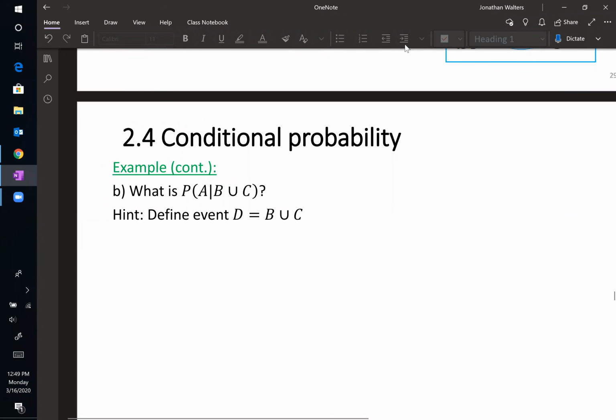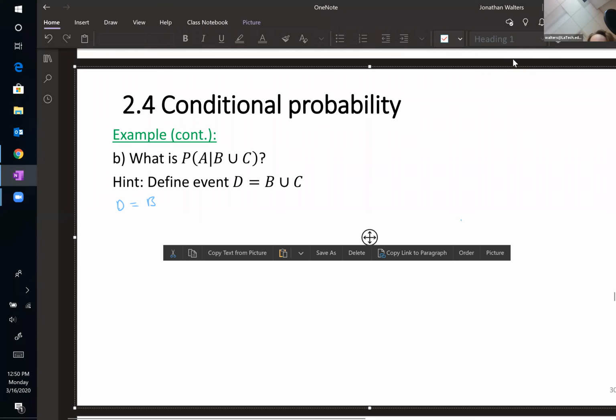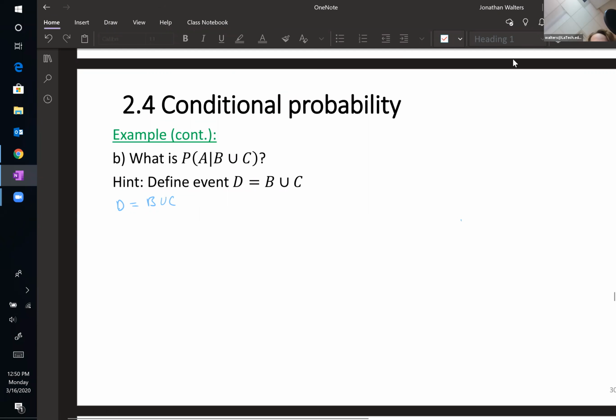The hint says define an event D, which is going to be B union C. So let's look at this event here, D equals B union C. What is the probability of B union C?